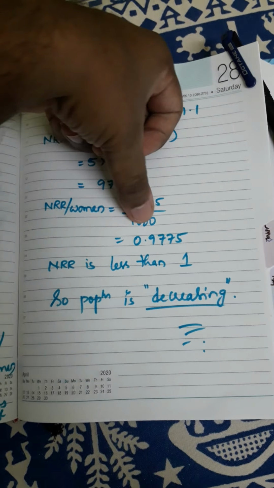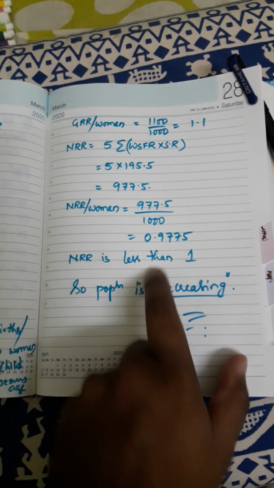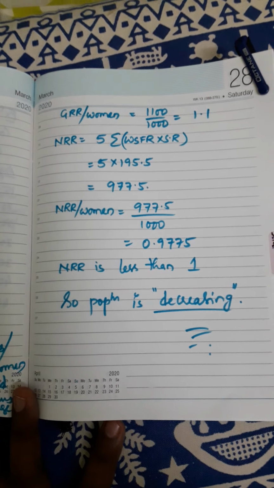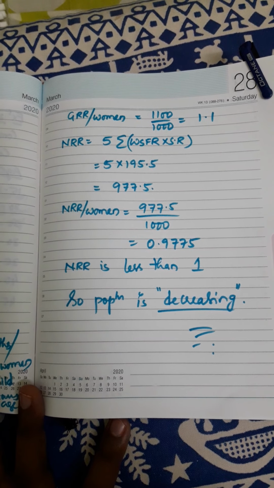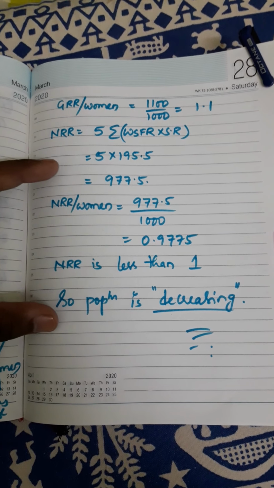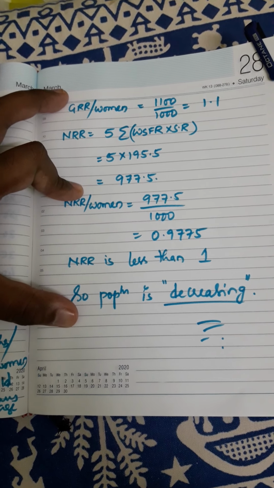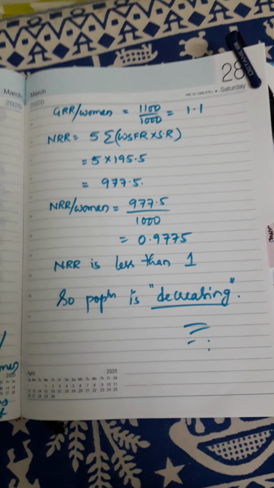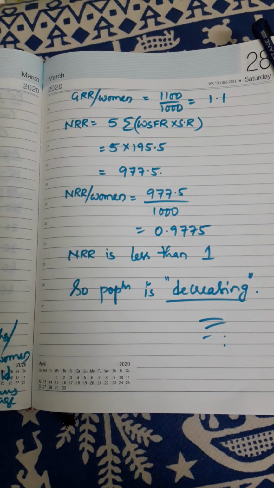The NRR value is 0.9775, which means less than 1. If it is less than 1, what would the population be? The population is decreasing. So we only have to check NRR whenever you calculate GRR and NRR together, because NRR is the best method of finding the rate of growth of population due to births.